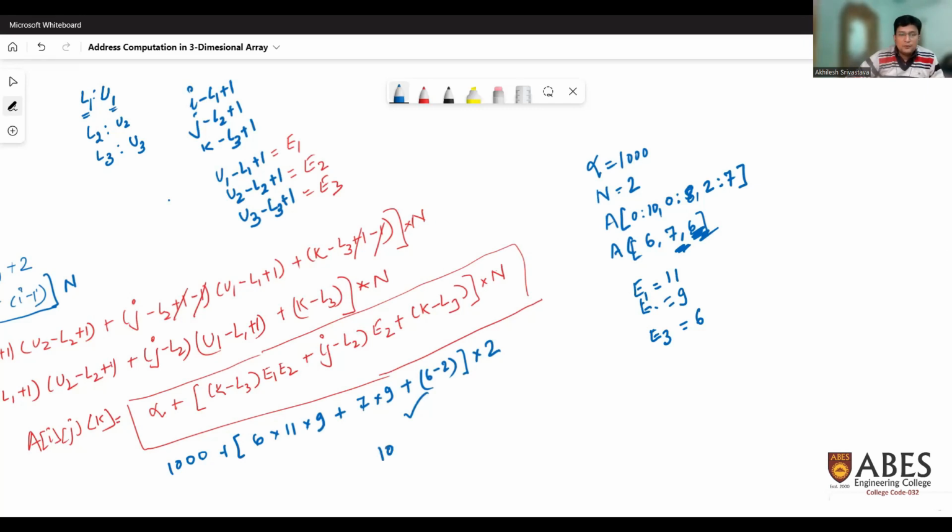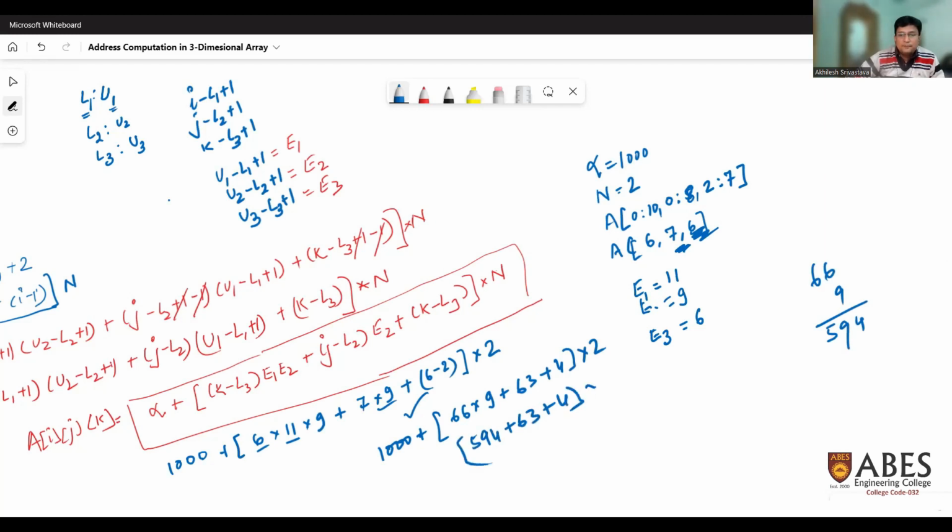Let me do it for you. So 1000 plus, 6 into 11 is 66. So 66 multiplied with 9, plus 9 into 7 is 63, and then 4 is multiplied with 2. So 66 multiplied with 9 will be 594. So we have 594 plus 63 plus 4, and this multiplied with 2.